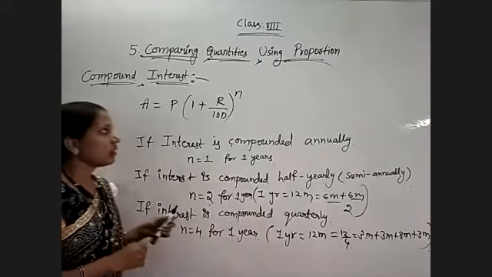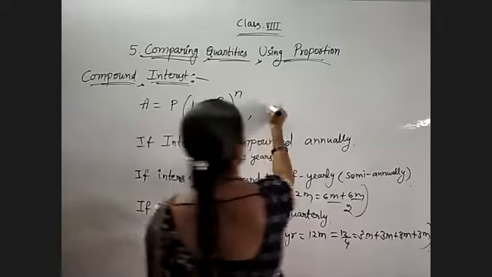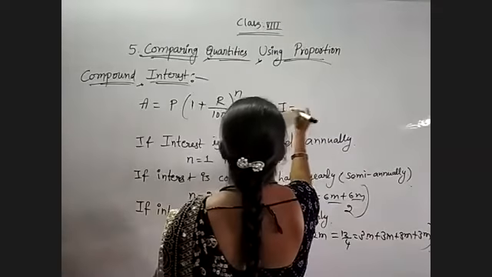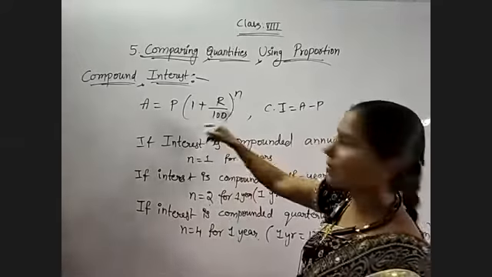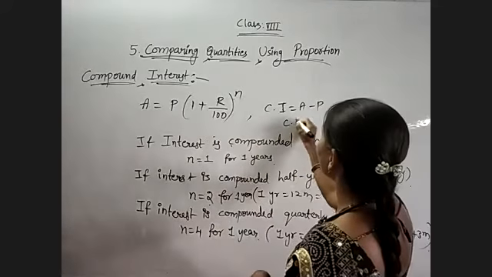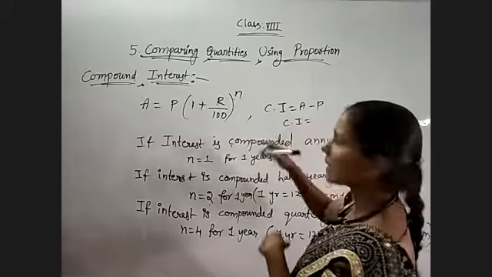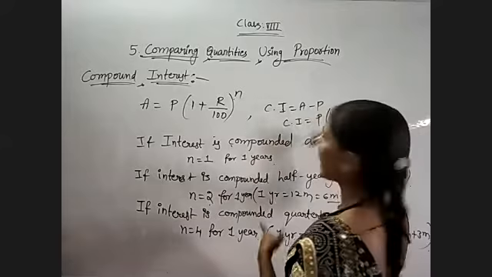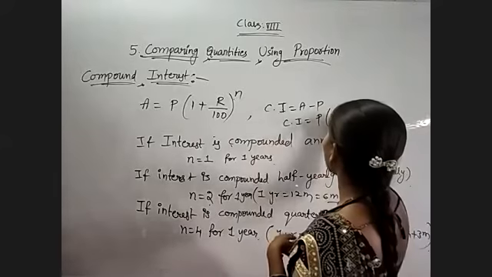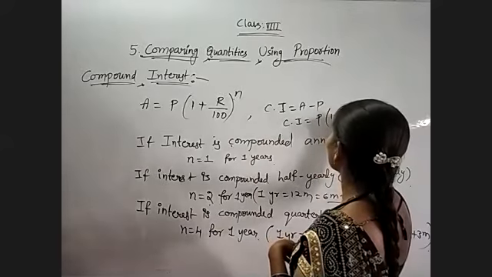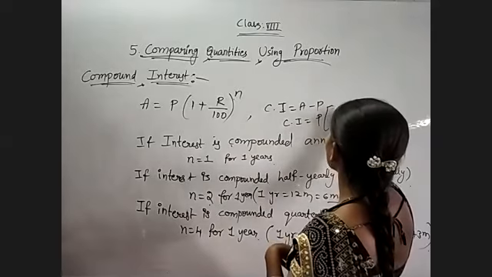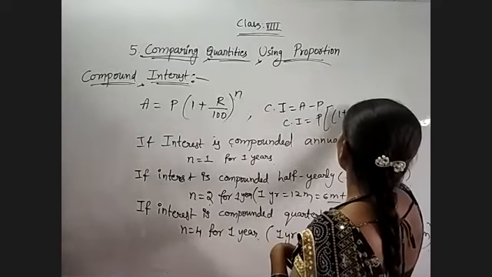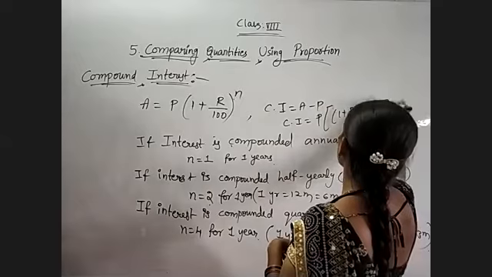Now compound interest is given by amount minus principal, the original formula, and here we have the amount. By simplifying, we have compound interest in terms of principal and rate of interest: P into 1 plus r by 100 whole to the power of n minus 1.